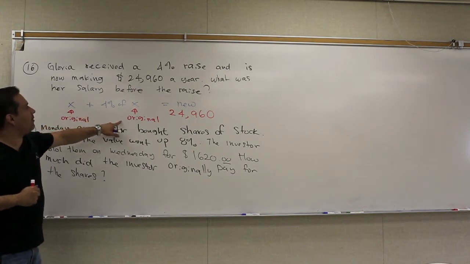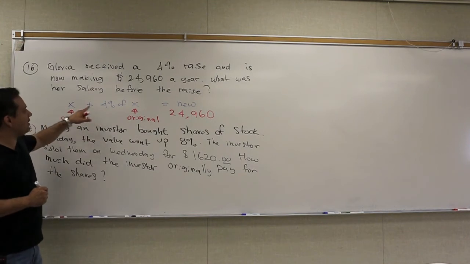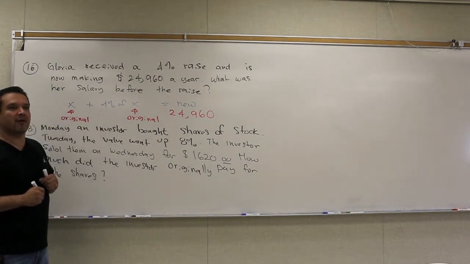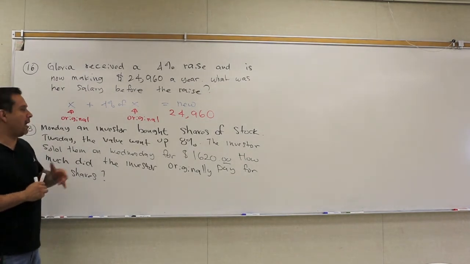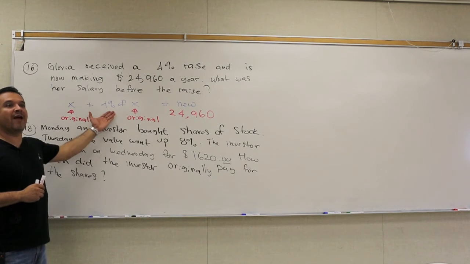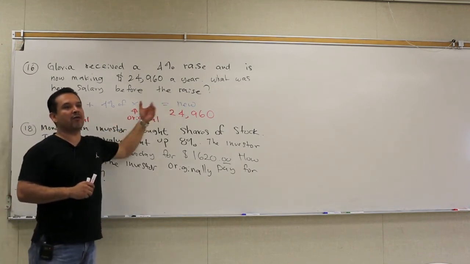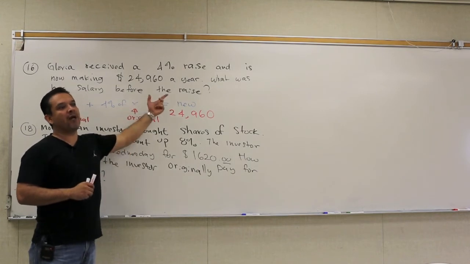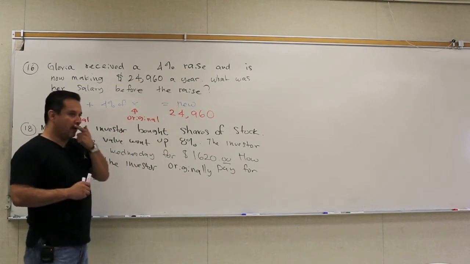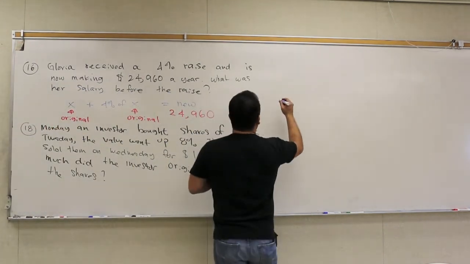Well, it's the original amount, but what was her salary before the raise? So this X actually represents her salary before the raise. You guys okay with that? So she had an old amount of money, an original amount. She gets a certain percentage of that, and now she has a new amount. So you're going from an old value to a new value. In some ways we could say let X be her original salary.